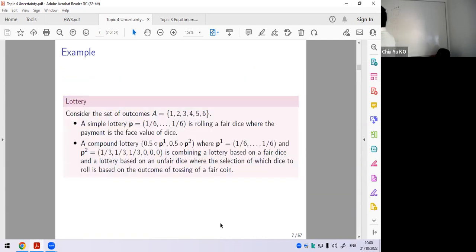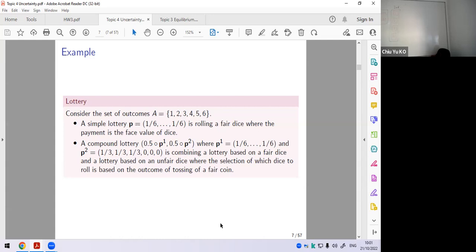This is the example. You roll a die, and it's a fair die, then the simple lottery will be 1/6 for each outcome. If you have a compound lottery, you can have the following: half of the time you get P1, half of the time you get P2.